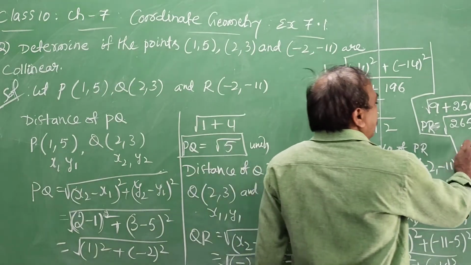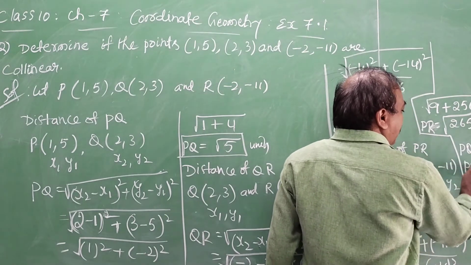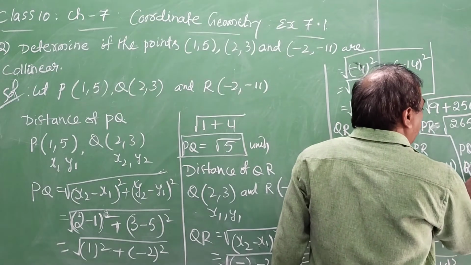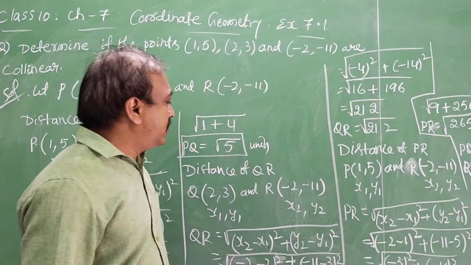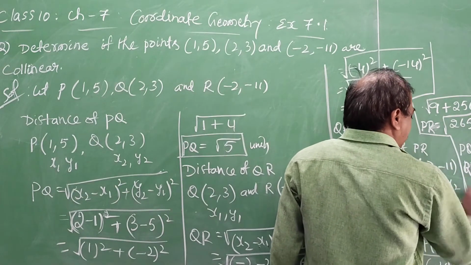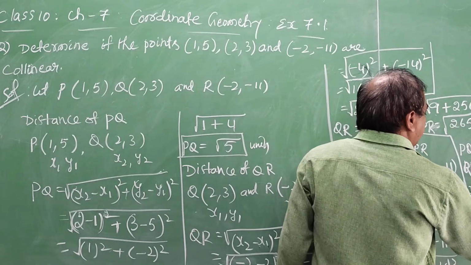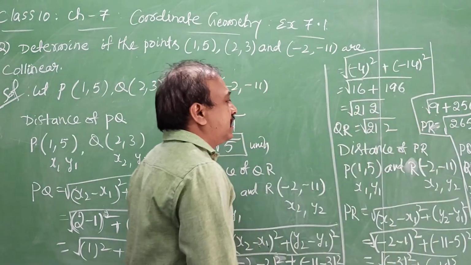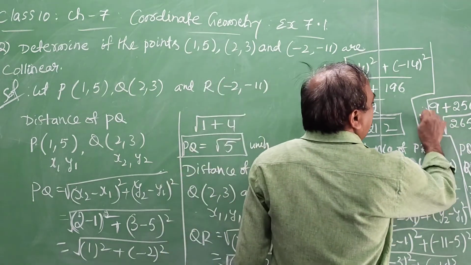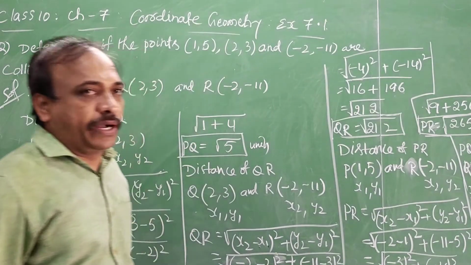So here I am writing PQ is equal to root 5, QR is equal to root 212, then PR is equal to root 265. So we got QR here and PR here, root 265.